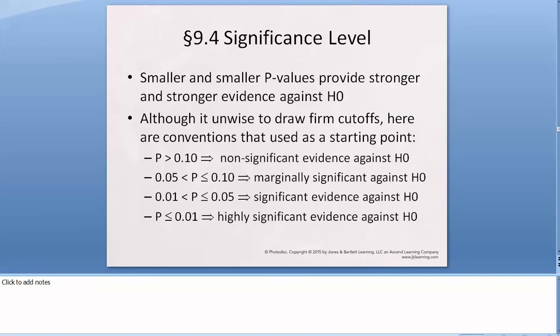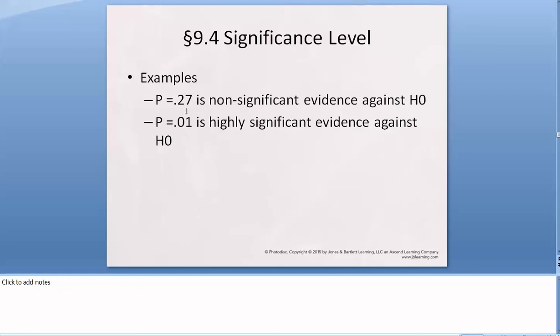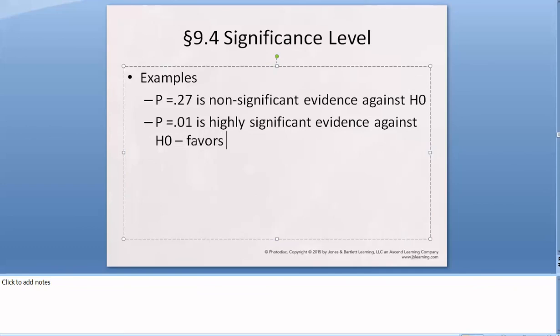Actually, in many scientific papers I have seen, p is like 0.001, and sometimes even after 3 decimals, it's 0. So p of 0.27 means H null is true. A p of 0.01 means highly significant evidence against H null, which means you go with HA. This favors HA. Okay, let's go to the next one.